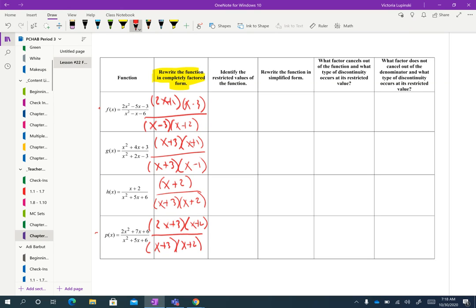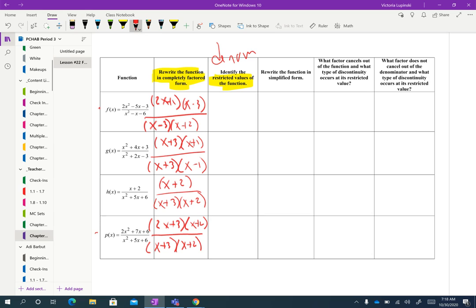So now that you have factored, you're going to go ahead and identify the restricted values of the functions. Whoops, sorry about that. Go ahead and erase. So you're going to go ahead and find the restricted values of the function. And again, the restricted values at this point come from the denominator.